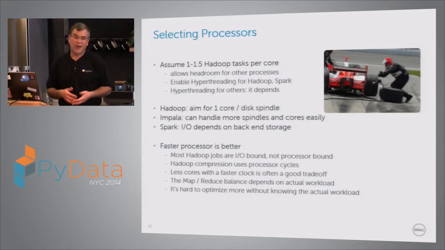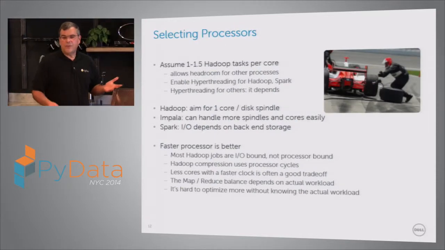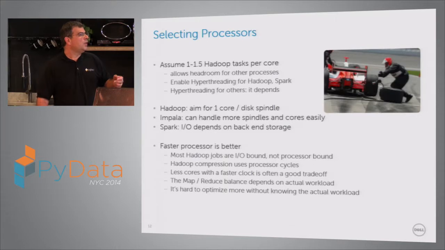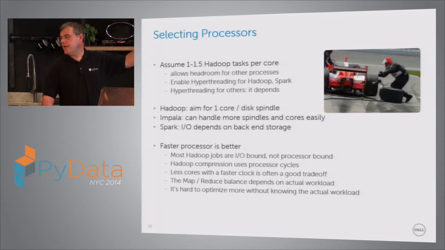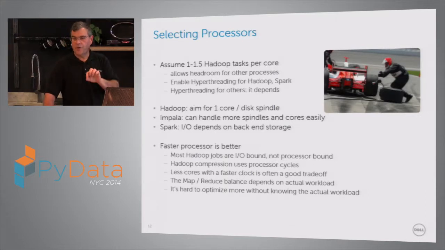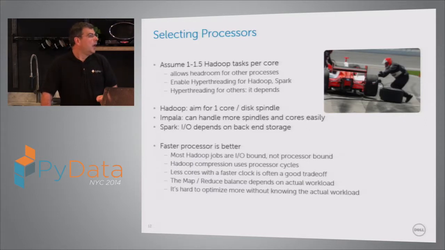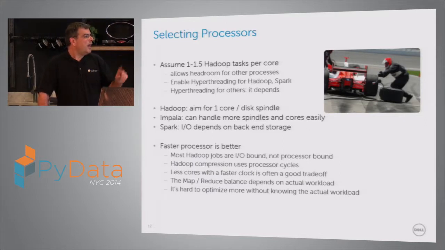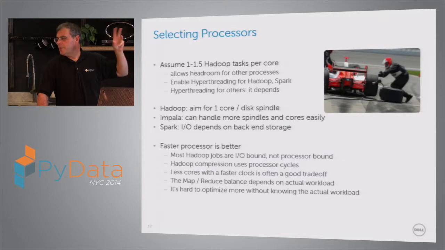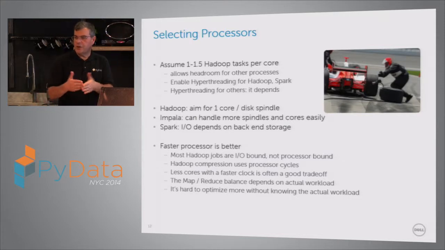In terms of choosing processors, the guiding rule these days is you look at between 1 and 1.5 Hadoop tasks per core, and per physical core. So assume you have like 1 thread running on 1 core. The 1 to 1.5 gives you some headroom for other processes because we normally enable Intel's hyperthreading, which lets us get kind of a parallel thing, where we can use the execution units for multiple threads and the hardware schedules.